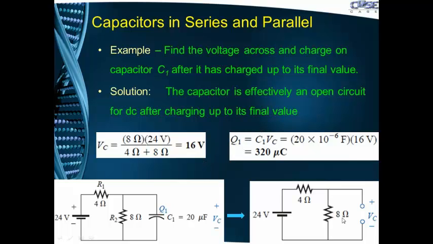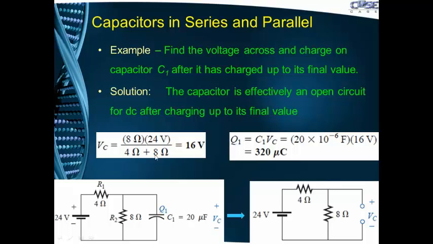Now with this open circuit, the voltage across these open terminals would be the voltage across the resistor of value 8 ohms, which we can find by using the voltage divider formula with the applied voltage of 24 volts. So 24 volts times 8 divided by 4 plus 8 would be equal to the voltage across the 8 ohm resistor, which would also be equal to Vc.